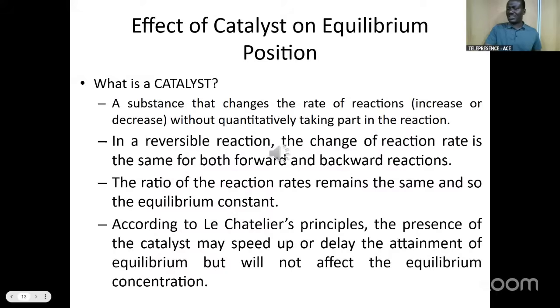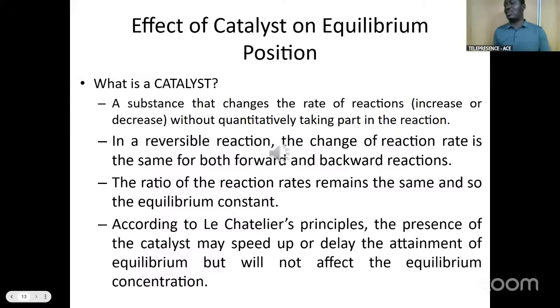And an increase in volume is like a decrease in pressure. So you first have to know the value of delta n, whether delta n is negative or positive.